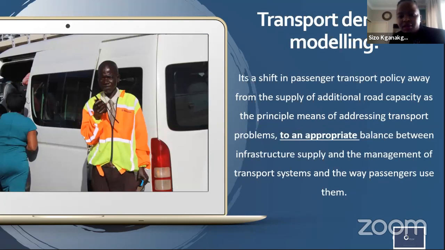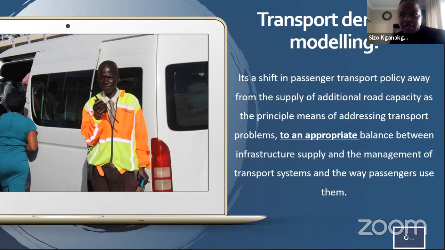And looking at the modeling itself of transport, it's really about a shift in passenger policy, shifting it away from looking at more structural solutions to addressing the transport problems, and having an appropriate balance on the infrastructure supply, on the management of transport systems, as well as the way that passengers are using transport.